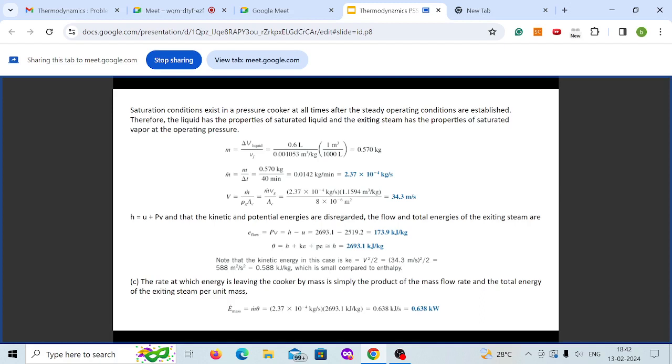So m dot into the energy which is going out. m dot we already calculated, it's 2.37 into 10 power minus 4, into the enthalpy 2693.1. So which will come out to be 0.638 kilojoule per second or kilowatt. So 0.638 kilowatt is the energy carried by the mass which is going out.